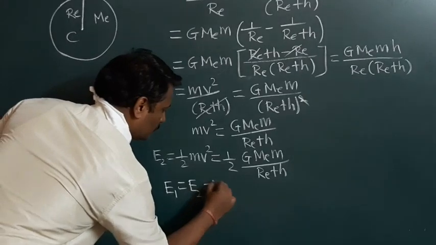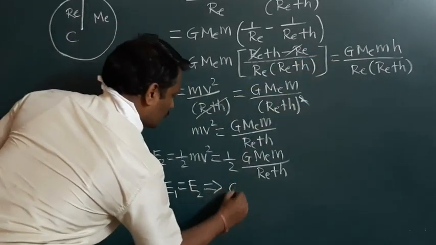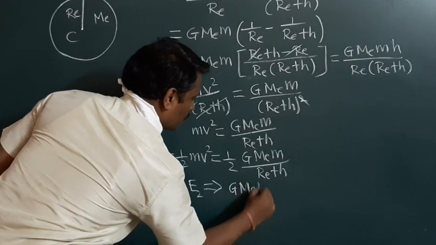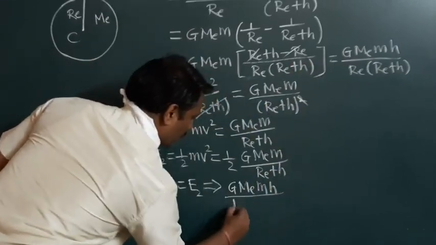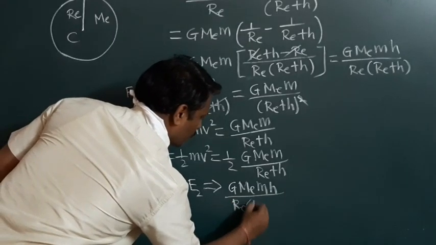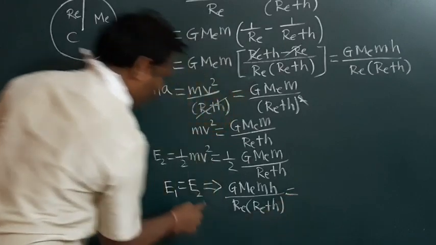So this implies E1 is G MEM H divided by RE into RE plus H. This is equal to E2.